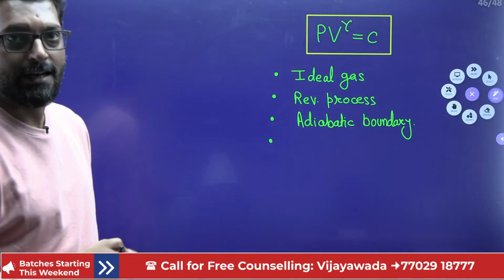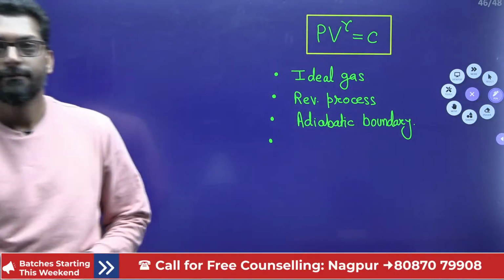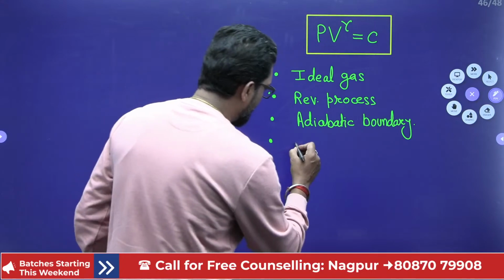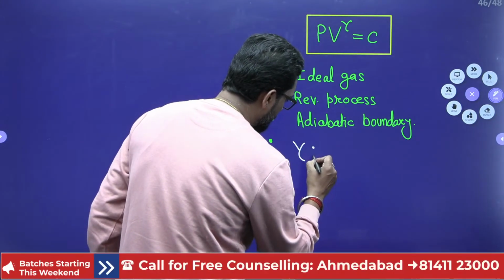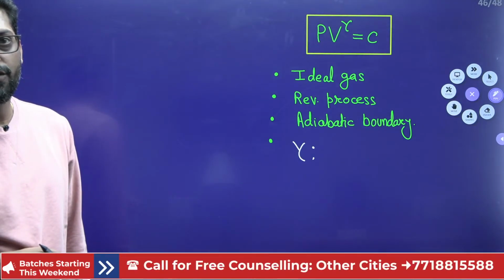Right, we can write. And what is gamma in this equation, beta? Is it constant or what? Okay, Pratik. For the polytropic process, this is for polytropic.